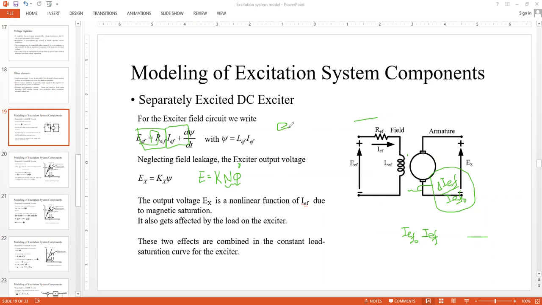If you go to Faraday's law of electromagnetic induction, what is E induced? The Faraday's law: N d phi by dt. Excellent.